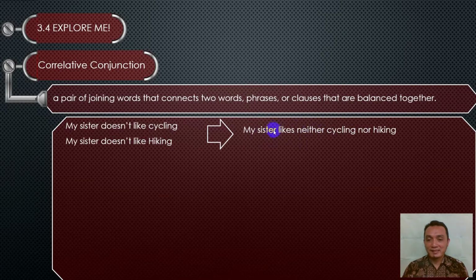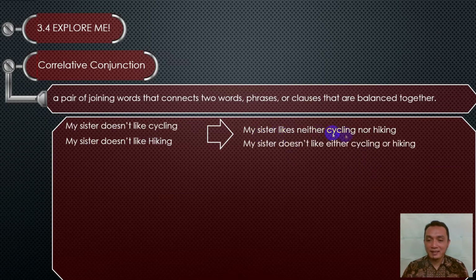So my sister likes not either cycling or hiking. So neither ... nor is used to combine two negative sentences into one, where the result of the combination looks like a positive sentence.